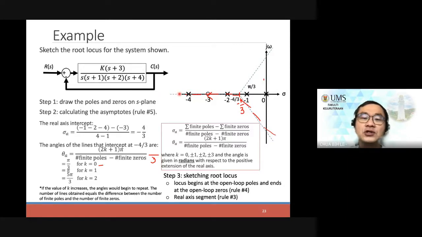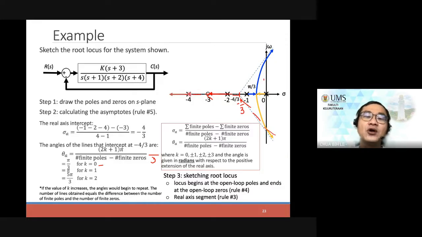So when you draw, the first segment has root locus along this, but since there are poles to poles, they will meet together at the middle between these two poles, and then they start to separate and go along the asymptote line towards infinity.